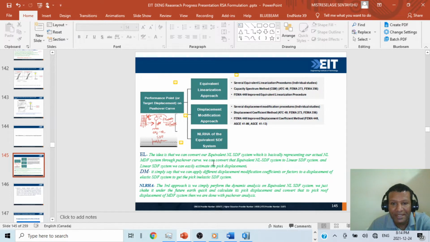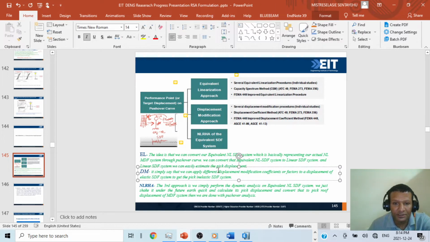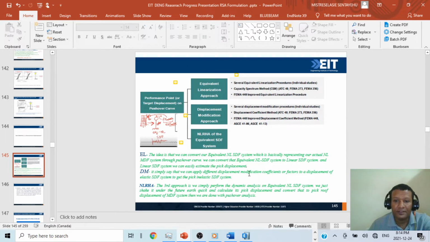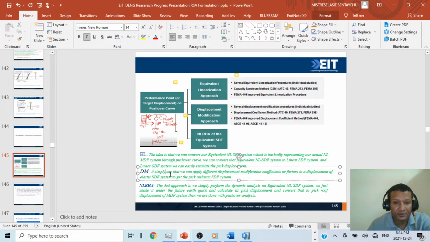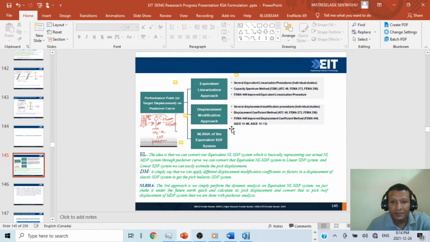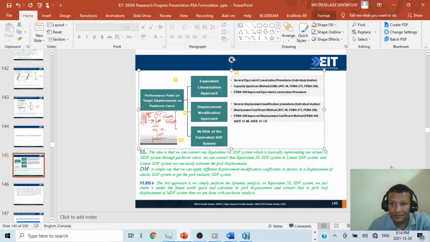I will show you in a minute. C1, C2, C3, C4 as per ASCE 41. Then by applying these coefficients, we can get the target displacement. The last one is nonlinear response history analysis of the equivalent single degree of freedom system. This is the third option.